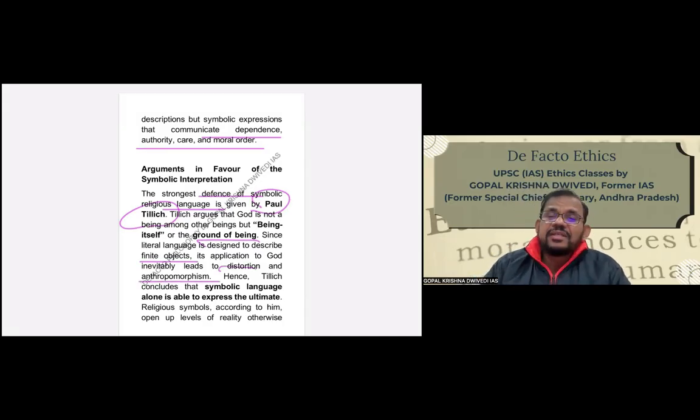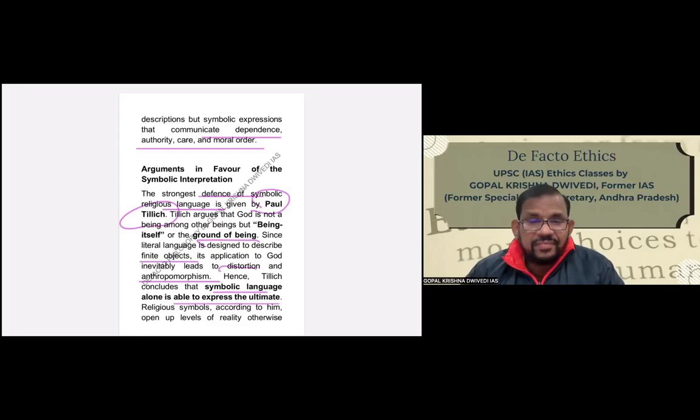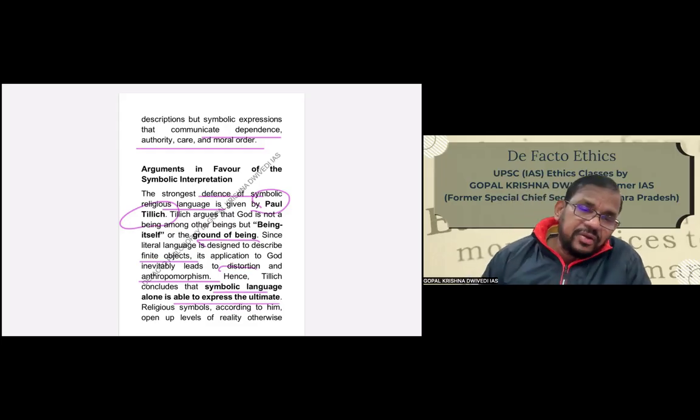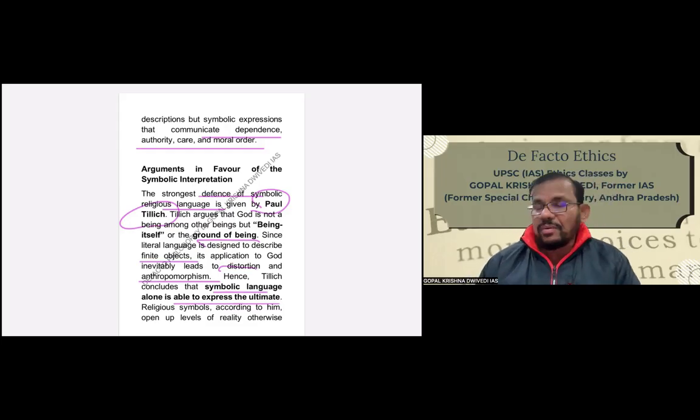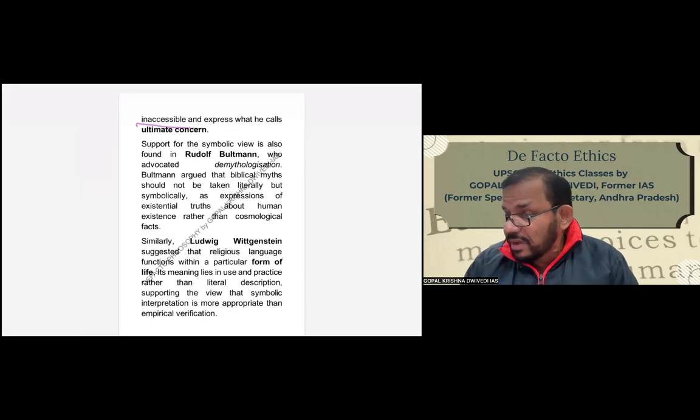Hence, he proposed that religious language is symbolic, because only this is able to express the ultimate. Religious symbols, according to him, open up levels of reality otherwise inaccessible and express what he calls ultimate concern.